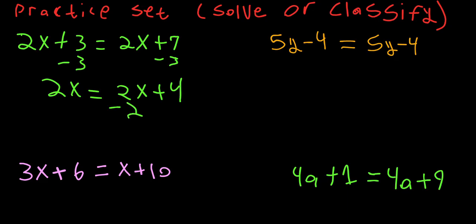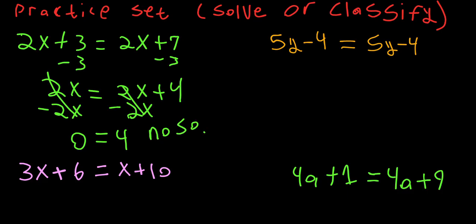Let's go ahead and subtract 2x from both sides, and see if we can isolate a variable. I have 0 equals 4. These two cancel out, these two cancel out. All right, this is a no solution problem. No solution.